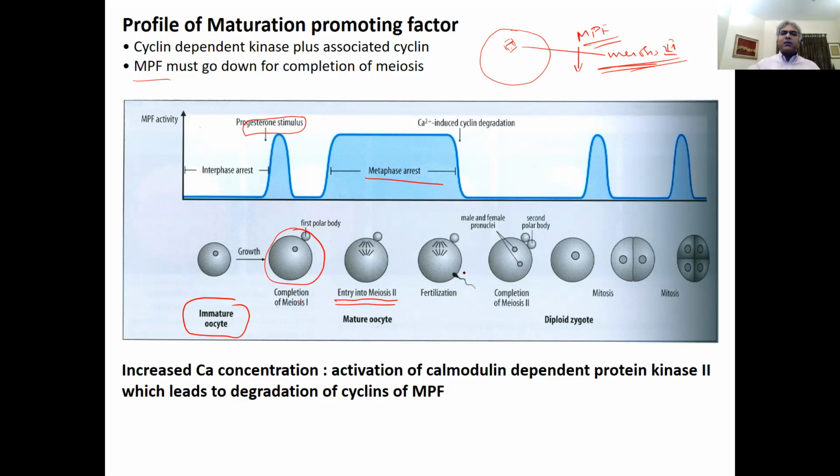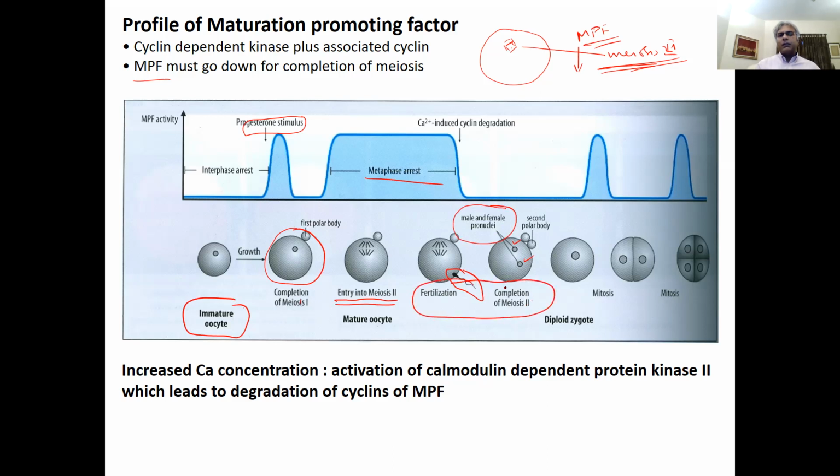Now, when the sperm enters the oocyte, when the sperm fertilizes, this arrest of meiosis 2 is released. You can see now completion of meiosis, and you have male and female pronuclei within the same cytoplasm. When fertilization is taking place, this arrest of the oocyte is released.